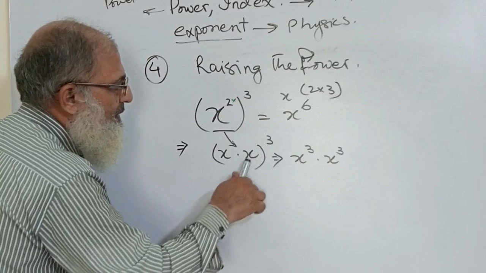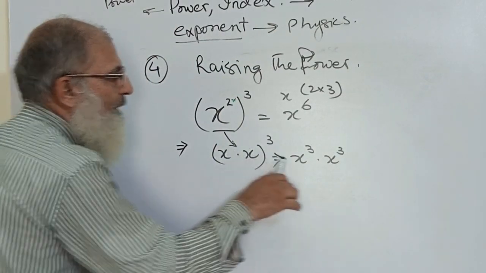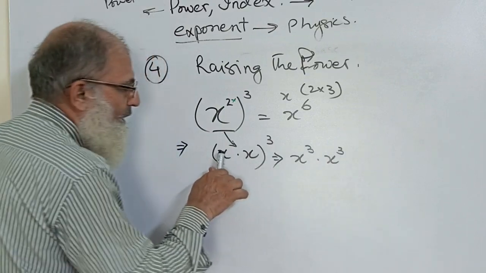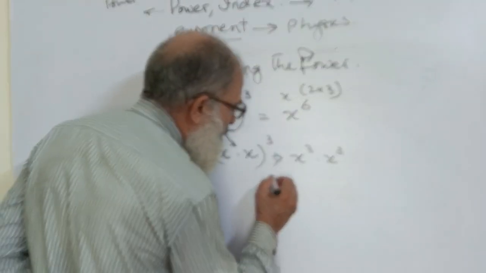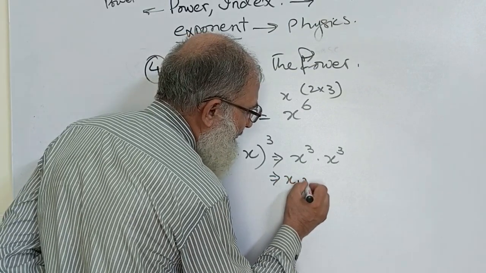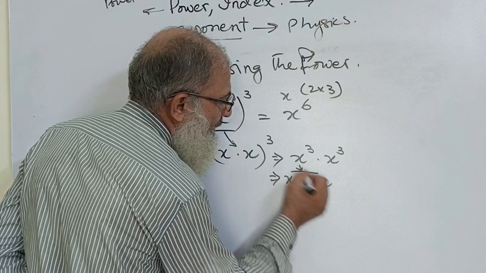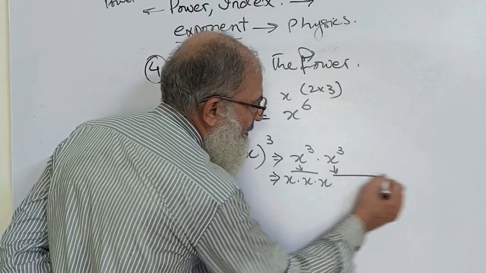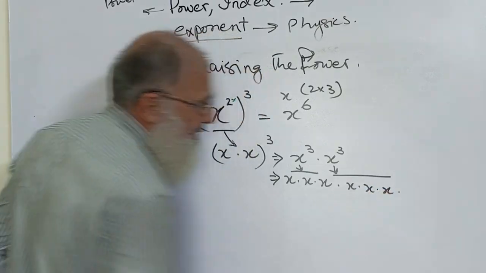If I open this, it will become x multiplied by x multiplied by x for this one, and for this one also x multiplied by x multiplied by x.